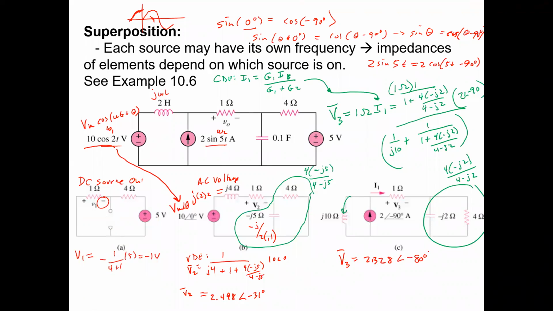Or maybe it's 81. Close enough. Anyway, so the total VO is going to be our total VO, which we're trying to find.